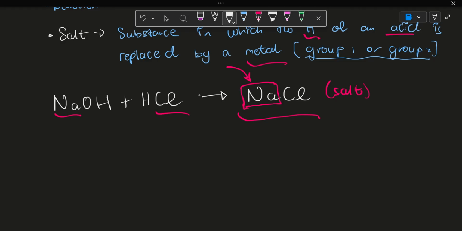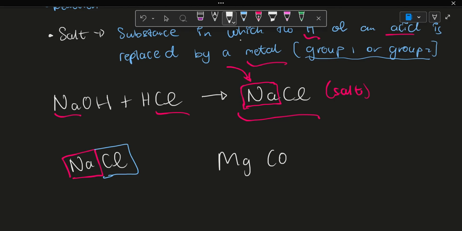Say, for example, sodium chloride once more. What do we have? We have some metal and some non-metal. Again, we look at magnesium chloride. What do we have? We have some metal and some non-metal, still a salt.